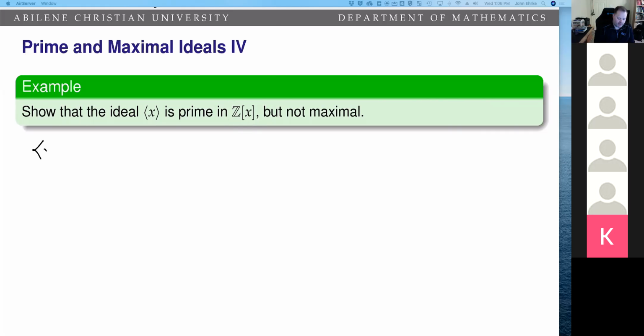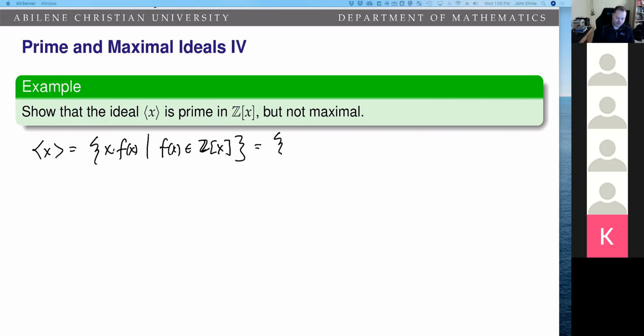So keep in mind that this is the set of all f of x. Well, how about do it this way? It's the set of all things of the form x times f of x such that f of x is in Z[x]. And we've actually run into this ideal before in a previous lecture.